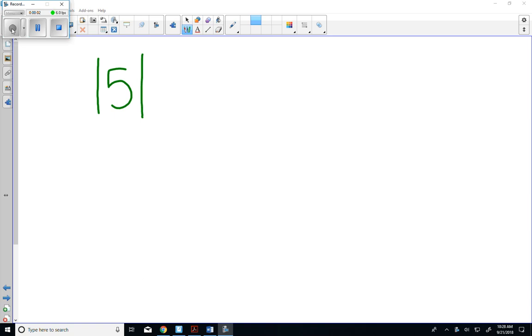All right, so this next section deals with the absolute value. And here we have the absolute value of 5, which is 5.